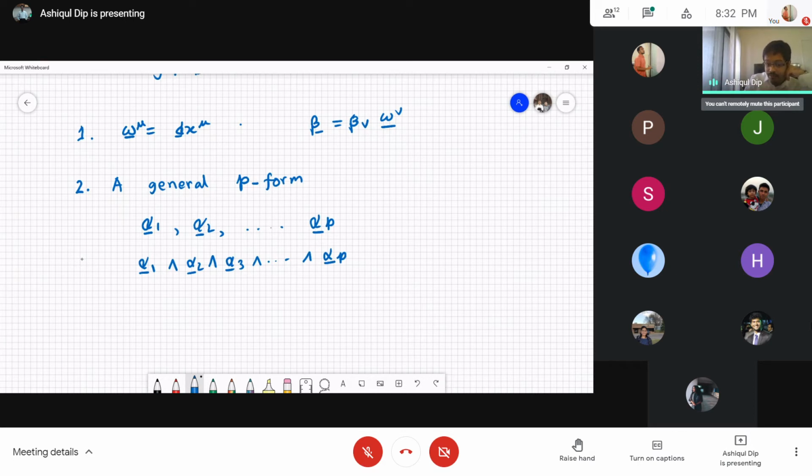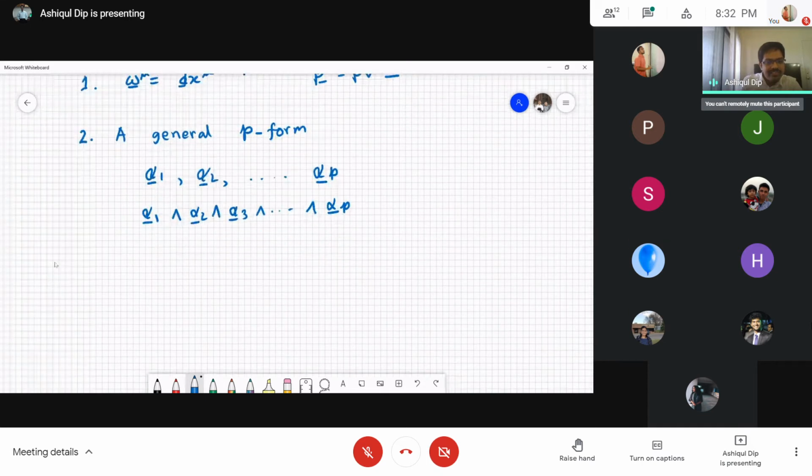It's an example of a P form, not the absolute general one. Obviously, not all P forms can be decomposed in terms of one forms, but some can. We'll explain that in a moment.